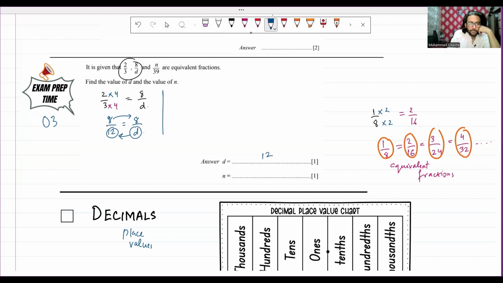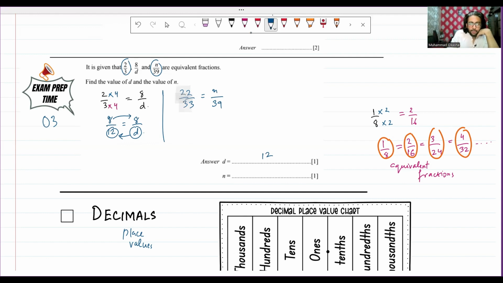Let's do the same for this one as well. 2 over 3 is given. I'll pick up this pair, this and this. Because they're all equivalent to each other, I can put anything against anything. So now 2 divided by 3 and n divided by 39. 3 multiplied by what number is 39? If you do 39 divided by 3, you're going to get 13. So I multiplied 3 with 13 to get 39.